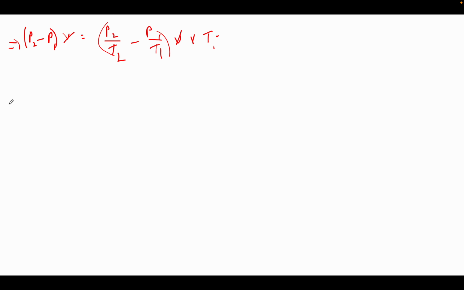Now the expression will be P2 by T2 equal to (P2 minus P1) by (gamma times T_i) plus P1 by T1.